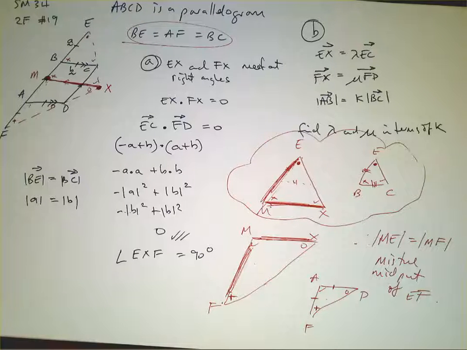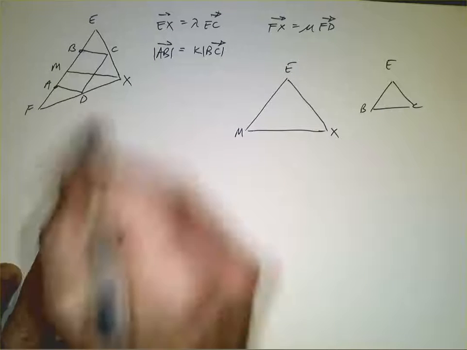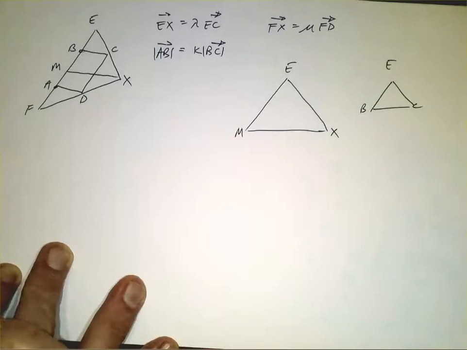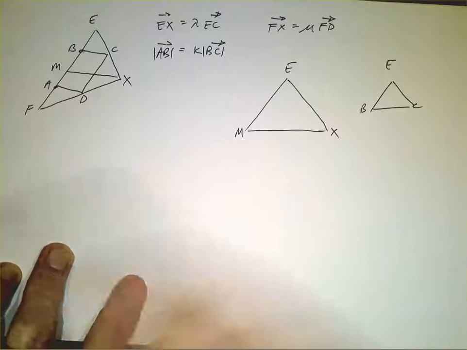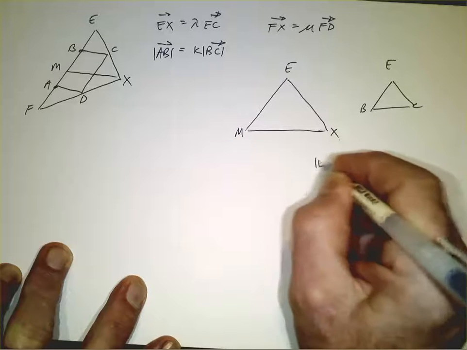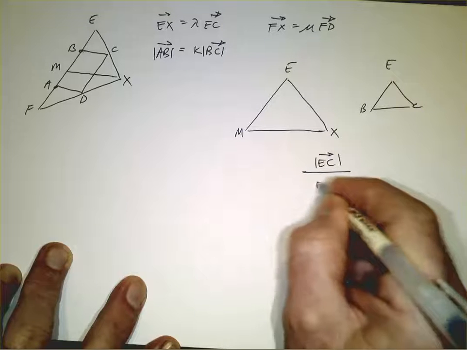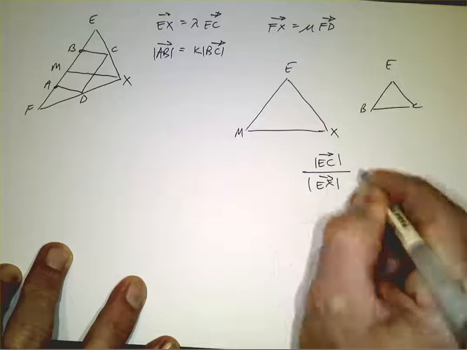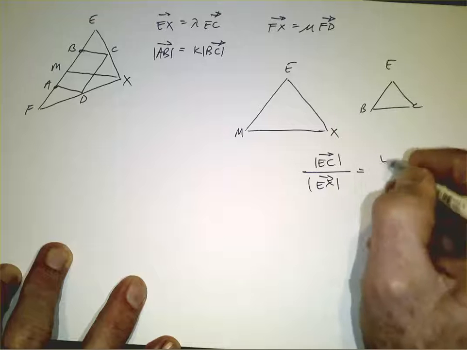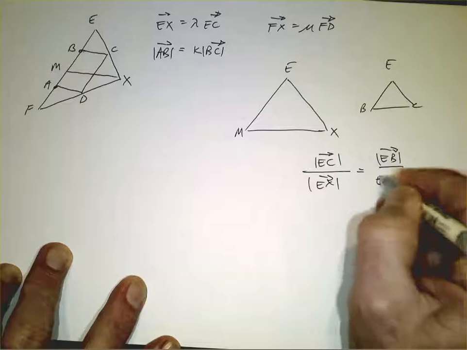Okay, now I'd like to set up my similar triangles. So here is my triangle, here is my known information. Because these two triangles are similar, I can say that the magnitude of EC over the magnitude of EX should equal the magnitude of EB over the magnitude of EM.